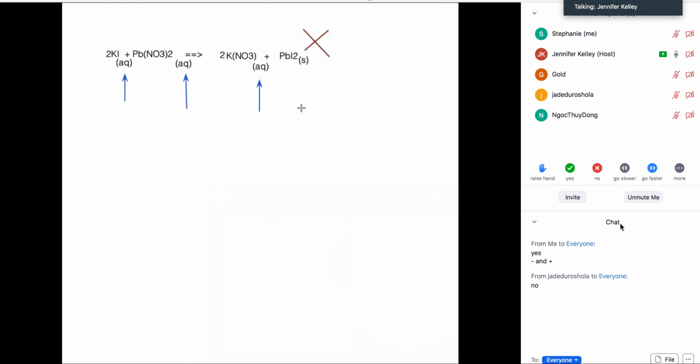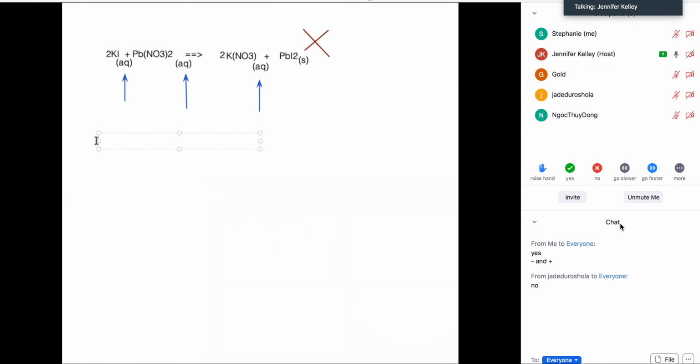So the lead iodide won't separate when you're writing out the ionic equation. So when you're doing this, you have to remember what pieces there were that put it together.